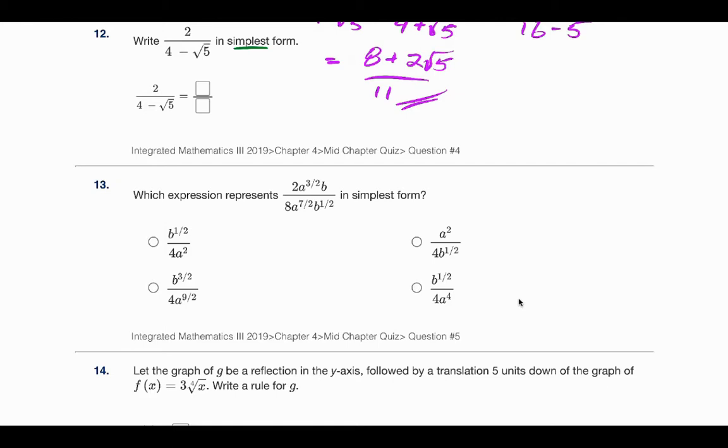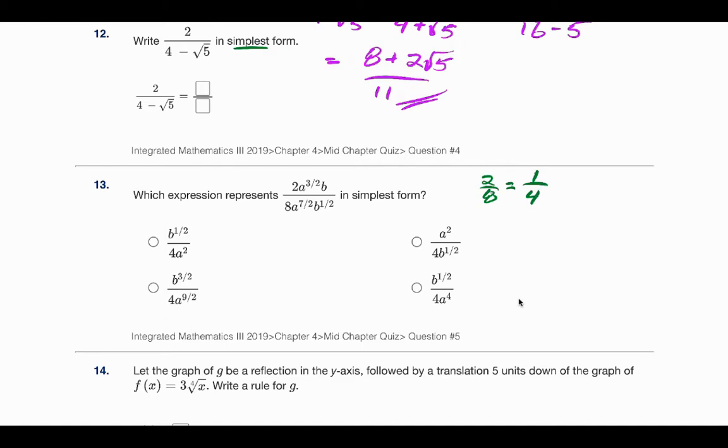So remember on this one, you're going to take the numbers. In this case our numbers are 2 and 8, and we're just going to reduce that. We should realize that that just becomes 1/4.